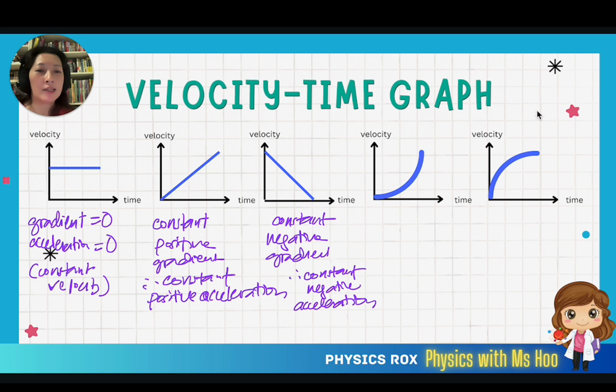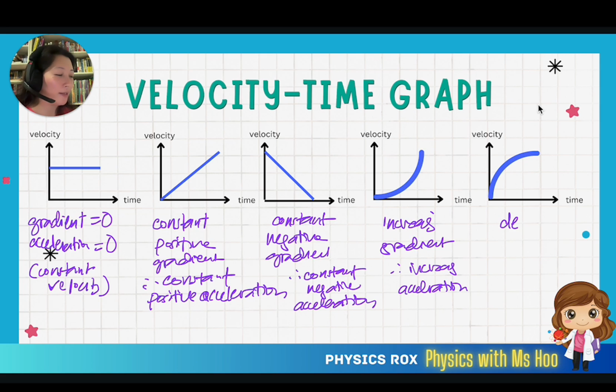And as always, with the last two, you have a changing gradient. Changing gradient means changing acceleration. So an increasing gradient means increasing acceleration. Please don't mind my handwriting. It's because I'm writing as quickly as I can so that we can go on to the next section. So decreasing gradient means decreasing acceleration.